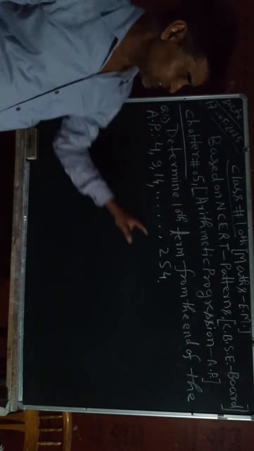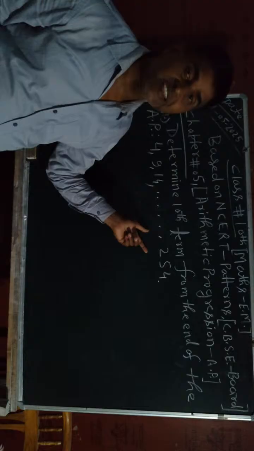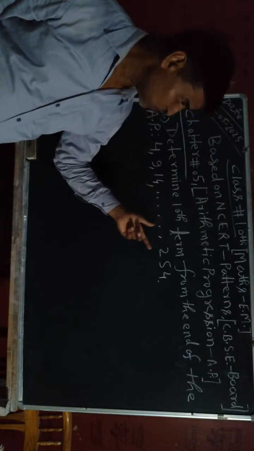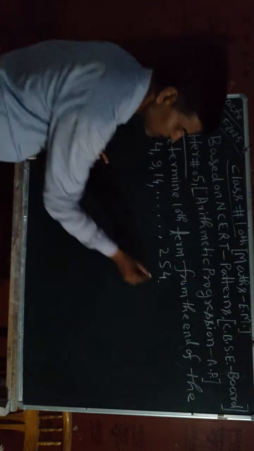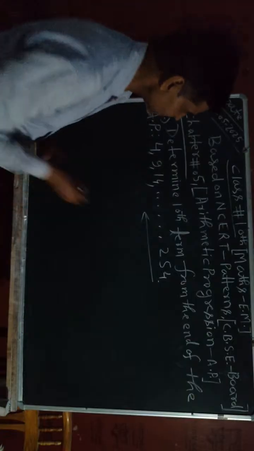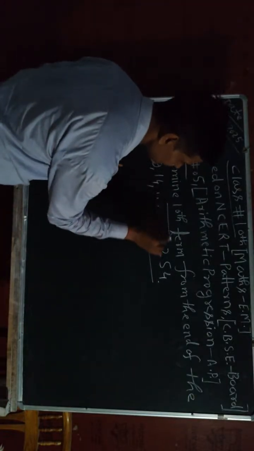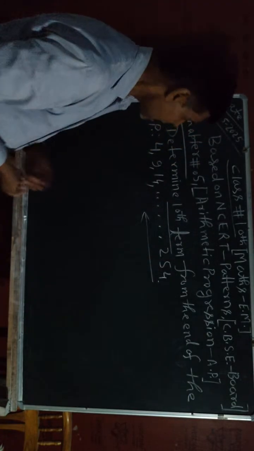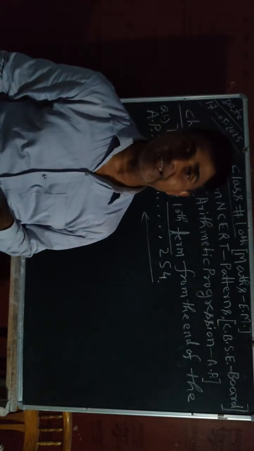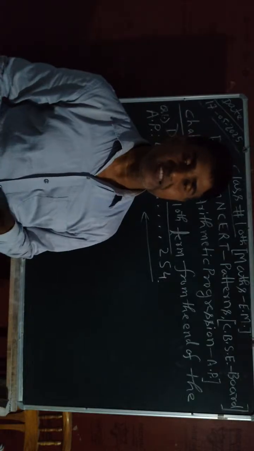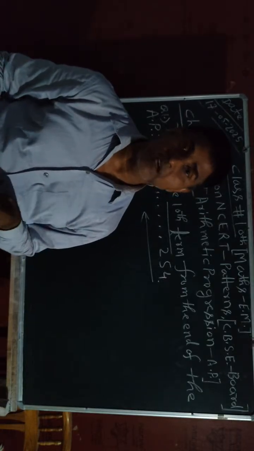This is the AP series already mentioned in the question. Okay student, now further you have to find the 10th term from the last. That is given in the question. You have to find the 10th term from the last, and the given series, given sequence, given progression is already an AP. This information is mentioned in the question.